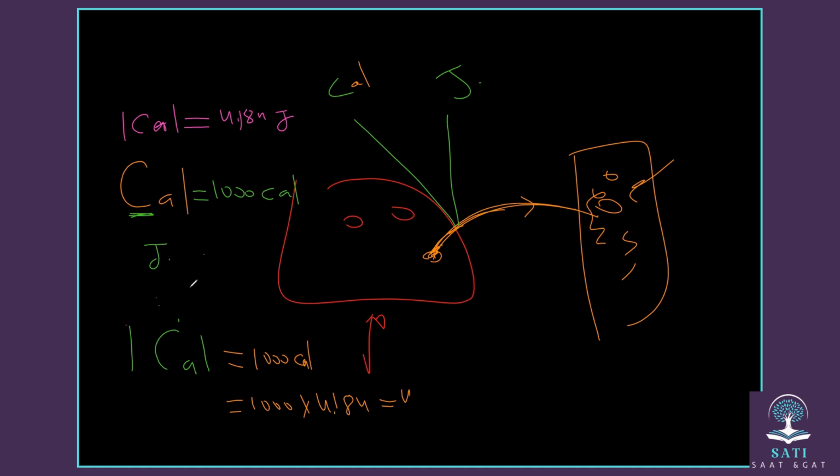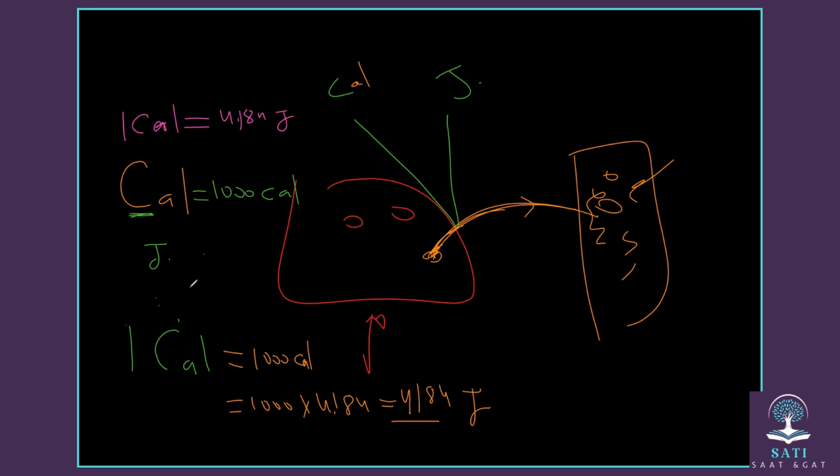We'll find that it is about 4,184 joule. So you understand now how to convert calorie with a small c to Calorie with a capital C, into joules, and the difference between them, and all of them are units of heat or of energy.